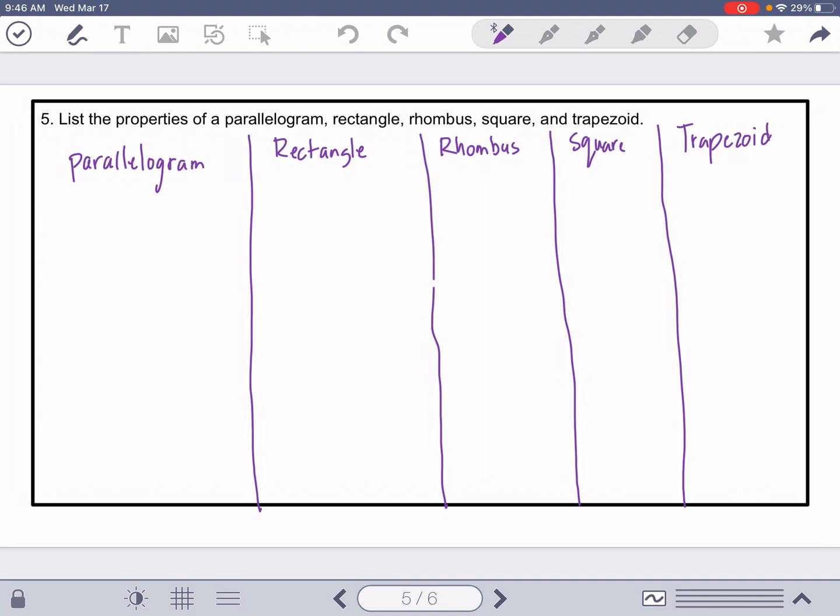For a parallelogram, you're going to find what you need on Monday, March the 8th. If you go back there and look, you'll see the different properties. You're going to want to look on Thursday, March 11 for both of these.